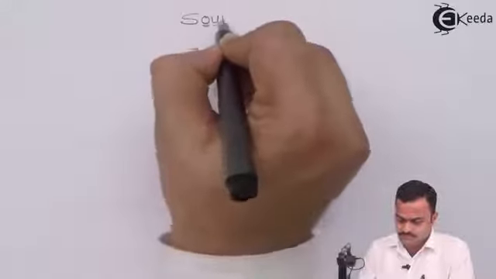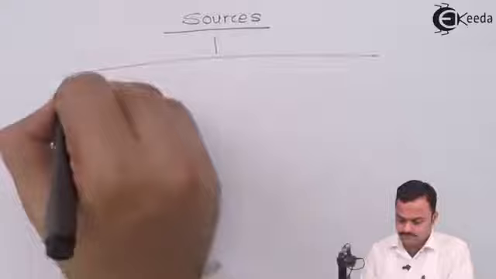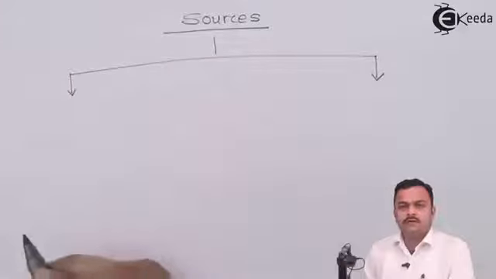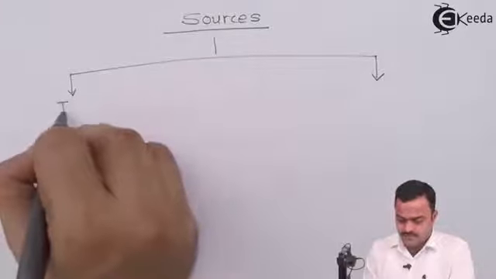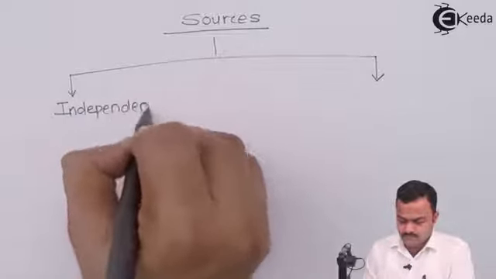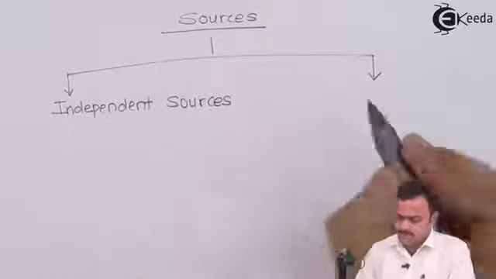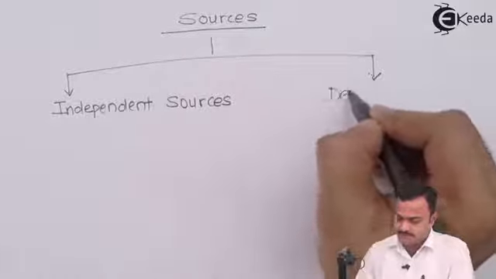Source is nothing but a basic element which gives energy in an electric circuit. There are two types of sources that we can have. One we can say independent source, and the other type is dependent sources.